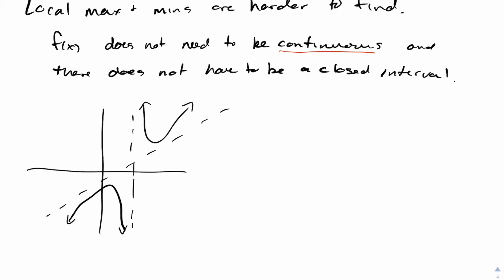By inspection, this point here we'll call D. This will be a local minimum because it is the lowest point of all of its neighbors. If I look over here to the left side, that point C, we'll label it, will be a local max because it is the largest y value for all of the x values close to it.